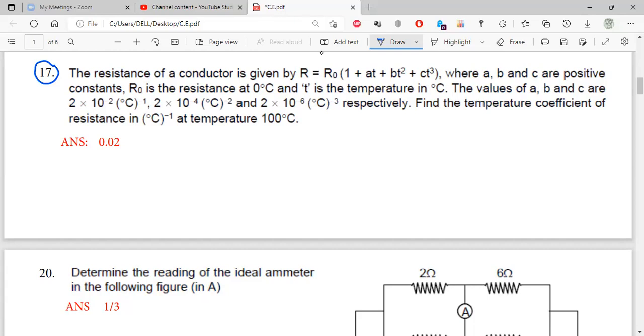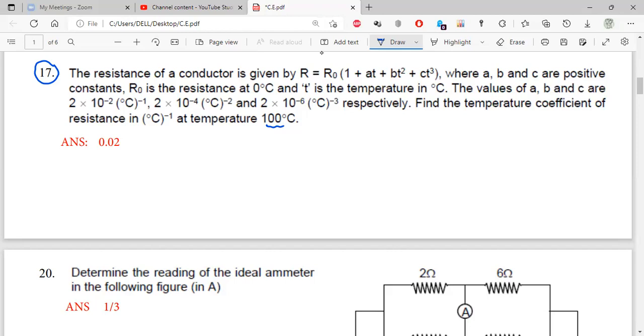Find the temperature coefficient of resistance alpha at 100 degrees Celsius. Here resistance is given as varying with temperature, so we have no option but the differential method.